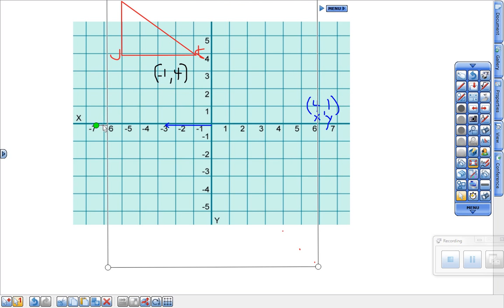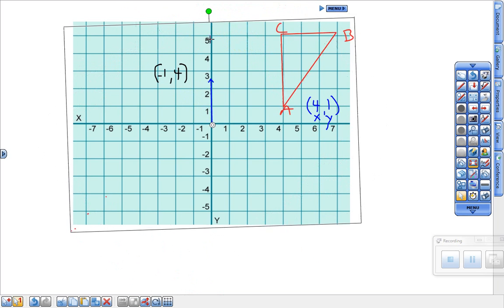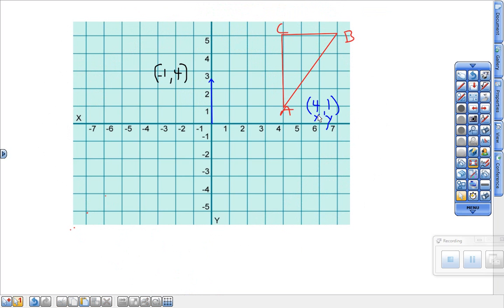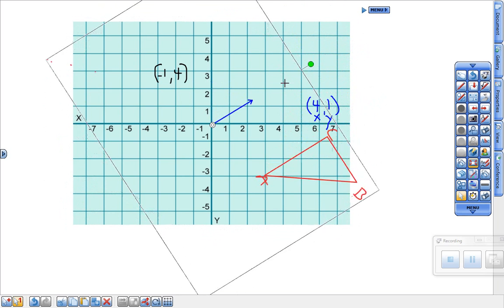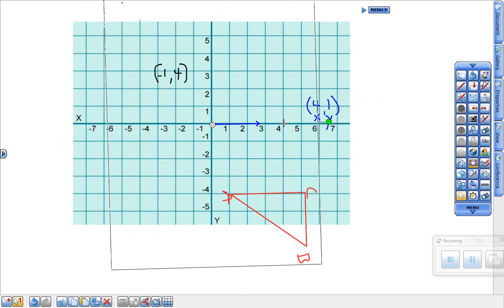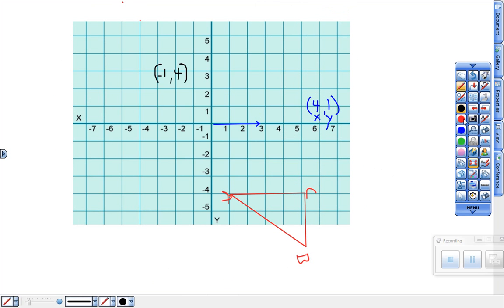Happens every time. If I took that same point that used to be 4, 1 and I move that 90 degrees clockwise to the right, you can see that A point now is down here, and that point right there is the point 1 for x, -4 for y. So you can see a 90 degree turn to the left gave me a flip-flop but the x negative.